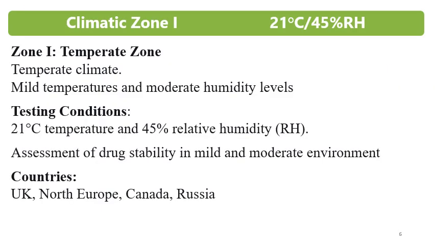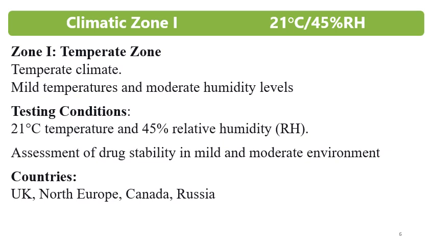Now zone 1 is temperate zone, and the countries which are falling into these are United Kingdom, North Europe, Canada and Russia. So these 4 countries, there are other countries also. For example, I have included these countries. So Russia, Canada, part of the North Europe and UK are in climatic zone 1.